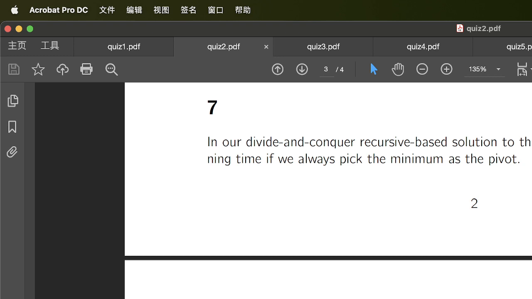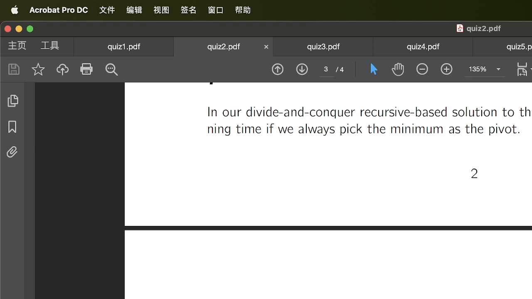Maybe we can only shrink the size by 1. So the recurrence relation would be T of n is equal to T of n minus 1, because it's a worst case, plus O of n, and so we end up with a worst case running time of n squared.